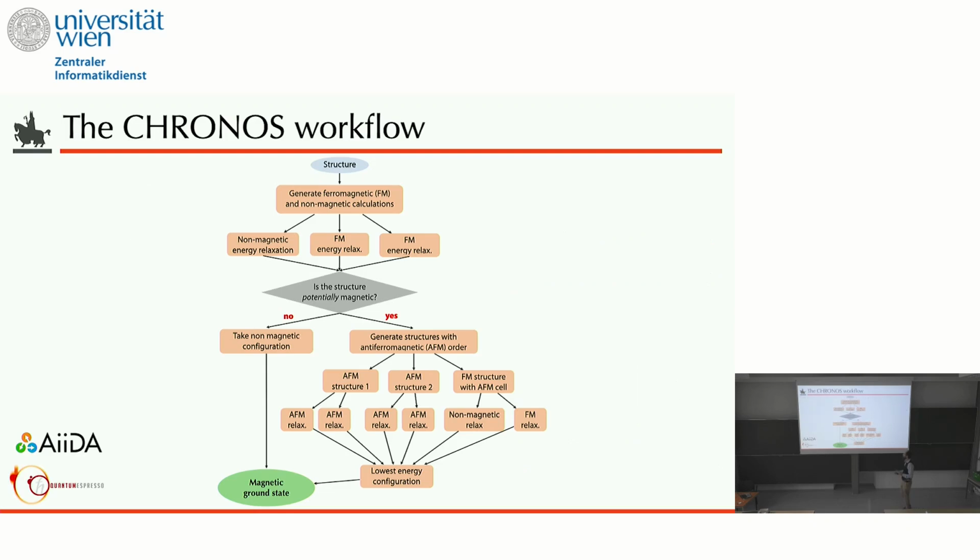And so to do that, we developed a workflow within AiiDA and using Quantum ESPRESSO as simulation software, where we start from a structure, and we first try a few guesses for possible ferromagnetic configurations, and we see if the ferromagnetic configuration is lower in energy than the non-magnetic one. If this is not the case, we take the material to be non-magnetic, and that's it.